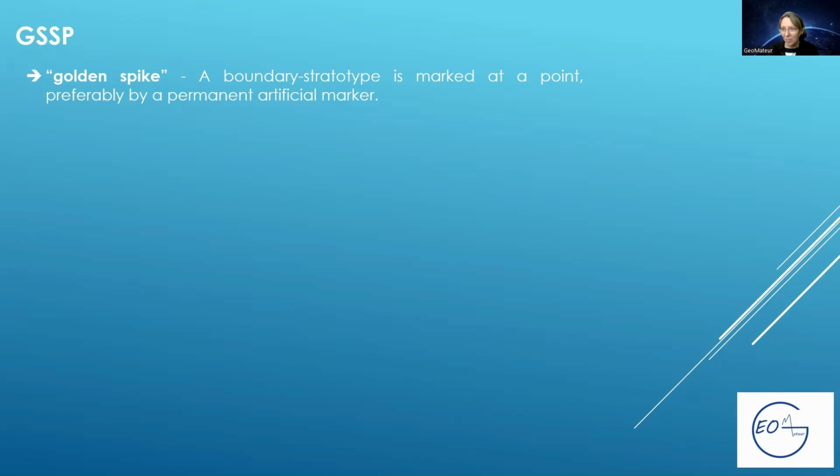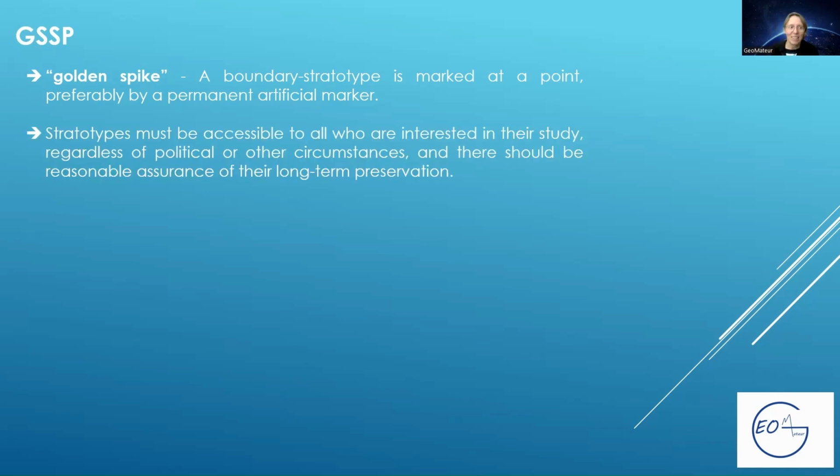In the field, you have a physical marker. And what's important, stratotypes must be accessible to all who are interested in their study, regardless of political or other circumstances, and there should be reasonable assurance of their long-term preservation.